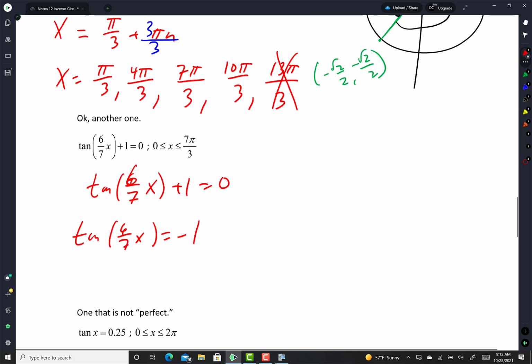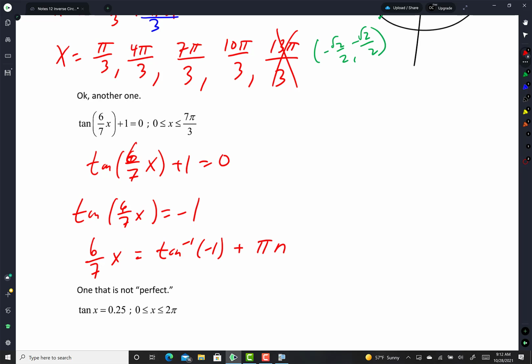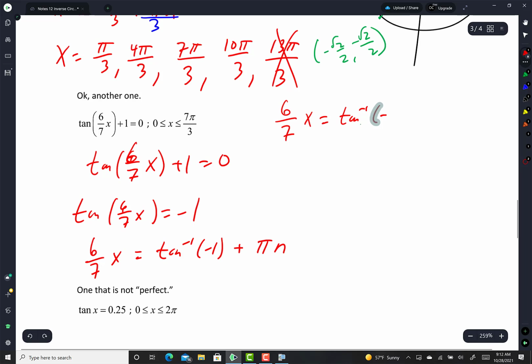Now what? Don't say the word reciprocal. Inverse. Inverse or arc. All right. 6/7 x equals arc tan of negative 1 plus pi n. I would stop right here and I would say, where is arc tan equal to negative 1? It doesn't matter which one, as long as it's in quadrant 2.